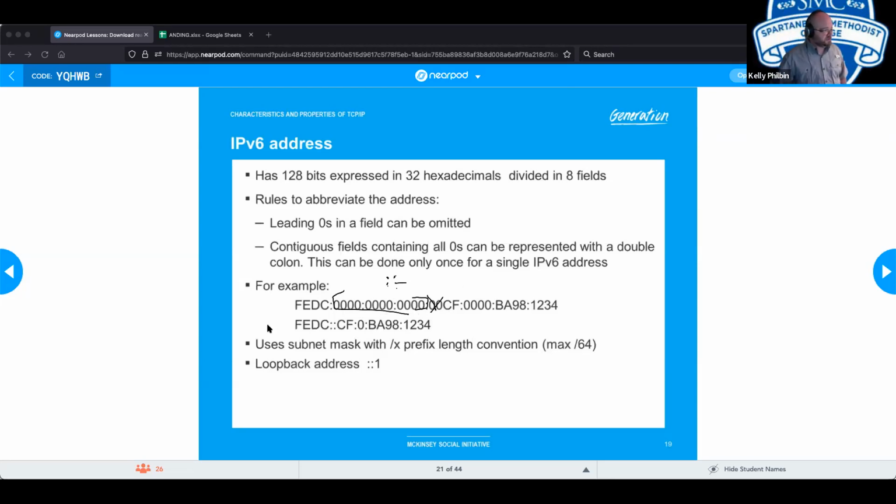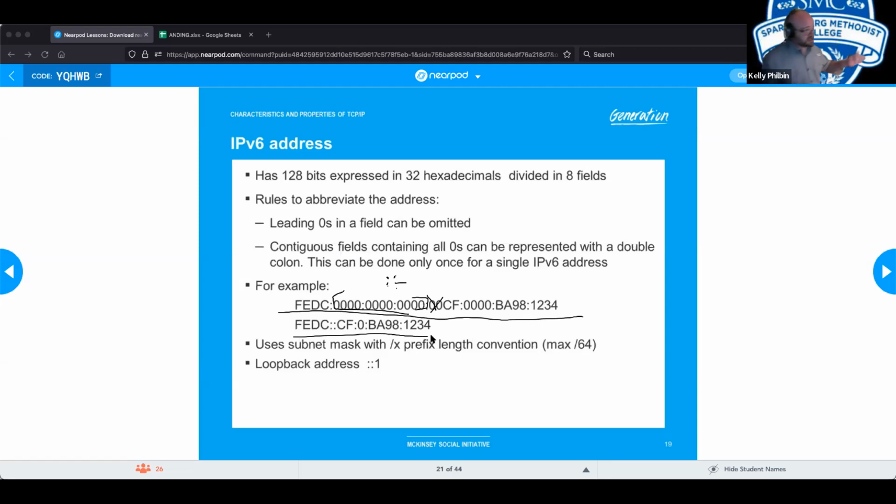And if you look down here below it, you can see they took this really long address and they shortened it down to just this, which is much nicer to write. There is an exercise in Coursera where they ask you to do IPv6 compression. This is exactly what they're asking you to do.